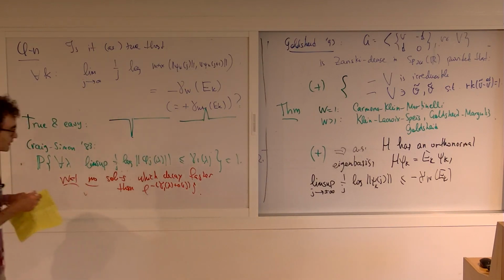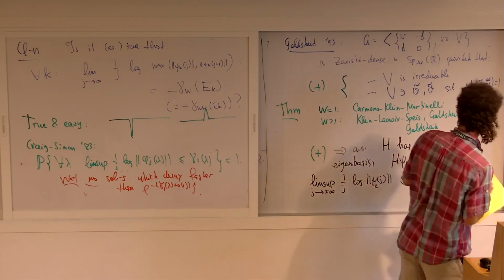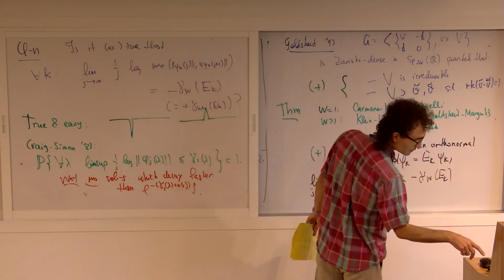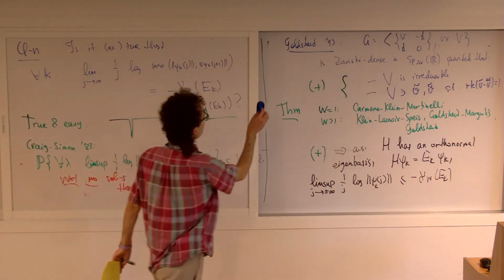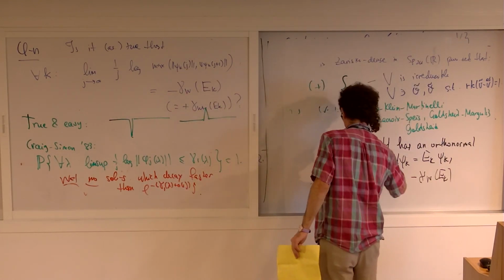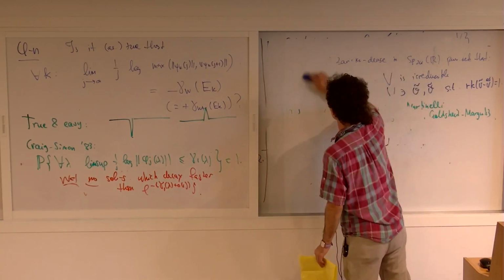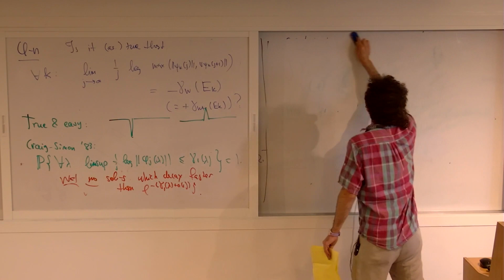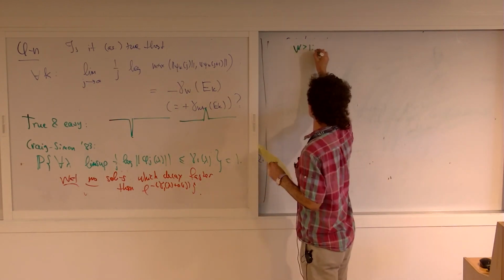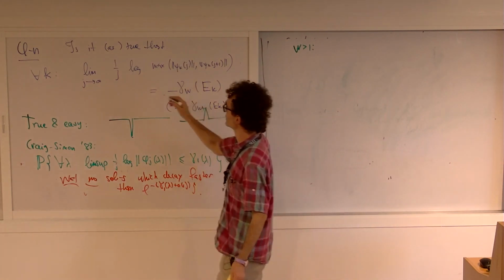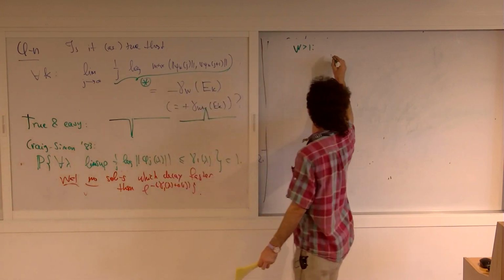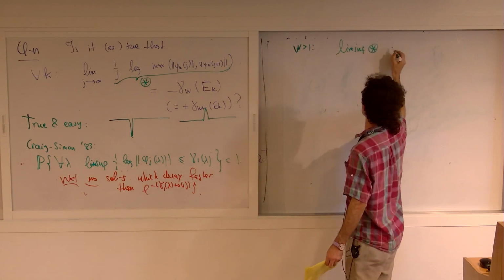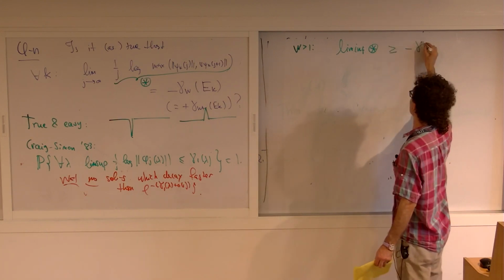So for w greater than 1, what this shows, if we denote this quantity by star, is that the lim inf of star is greater or equal than minus gamma 1 of lambda.